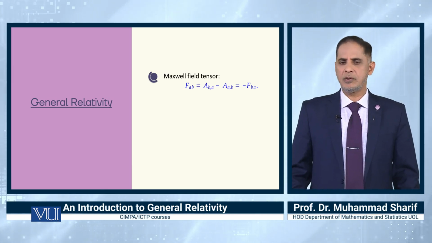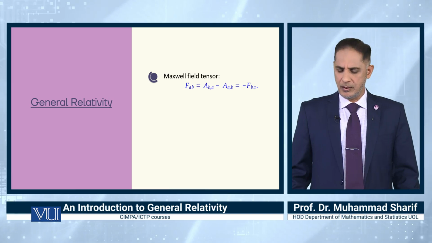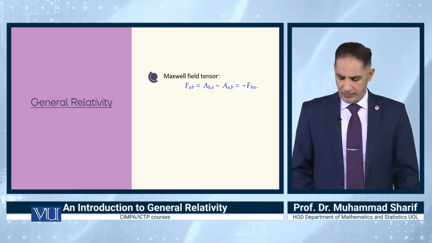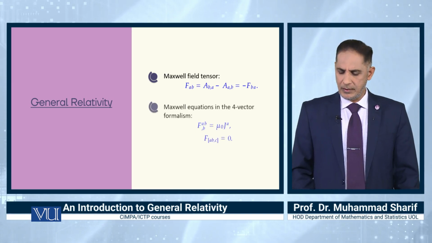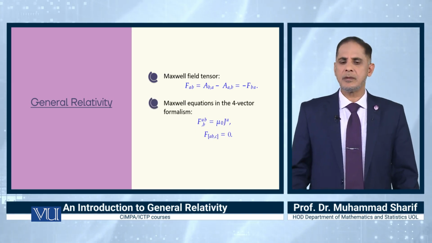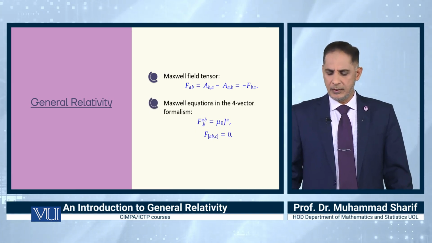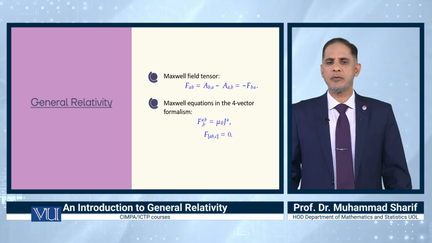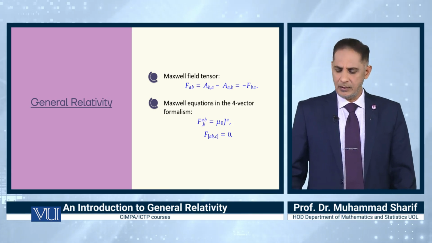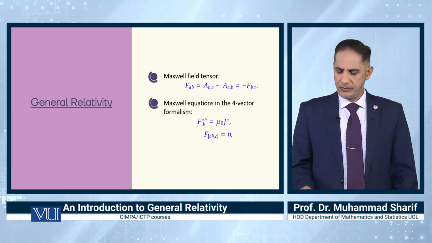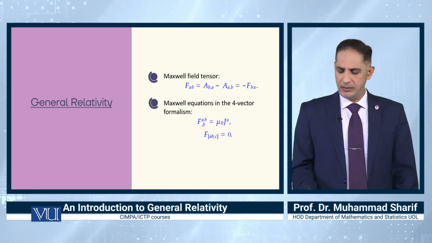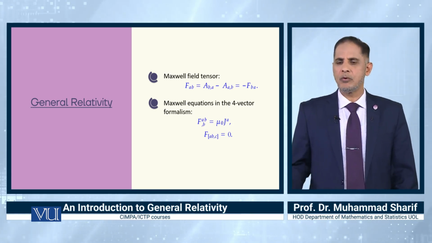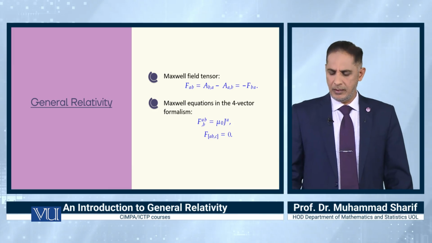So, if we swap the indices of this Maxwell field tensor, we have a negative sign. Using these things, I am not going into the details, but we can write down Maxwell's equations, which are 4 in 2. Here, F^{ab}_{,b}, the ordinary derivative, is equal to mu naught J^a.